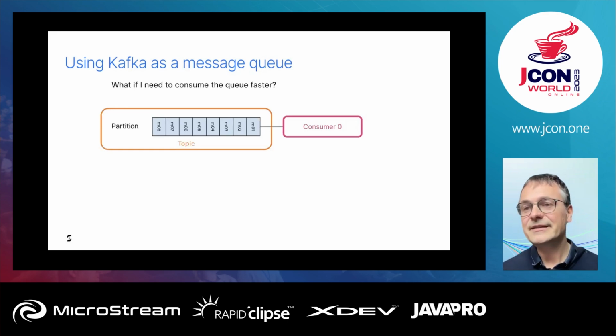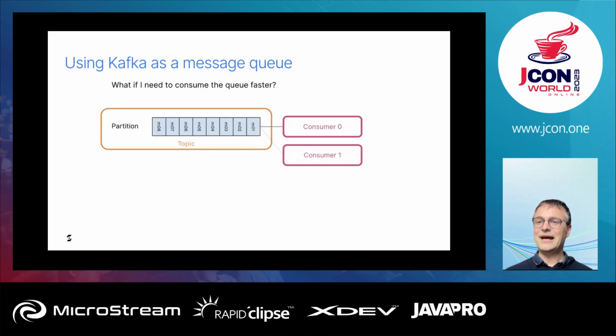Now, let's say that I need to consume the queue faster because the queue is growing too quickly. Then I need to add a new worker, a new consumer, to the Kafka consumer group. However, when you need to add a new active consumer to the same consumer group, then you need to add a new partition to the topic. For that, you need to perform an operation on the broker side.